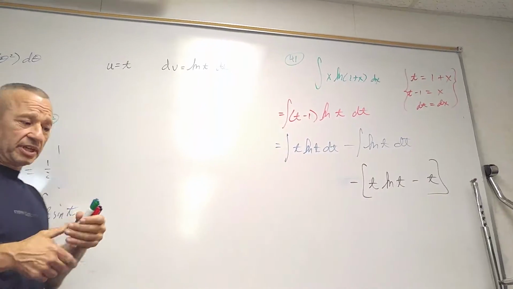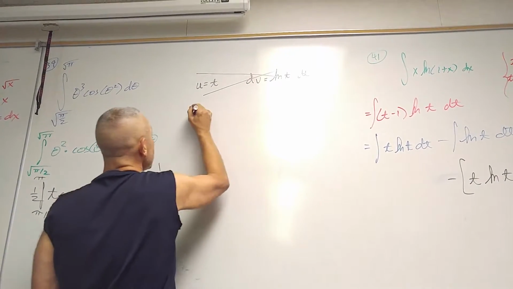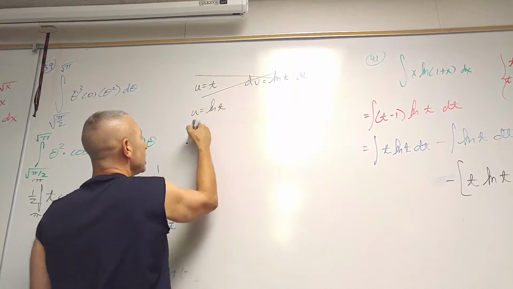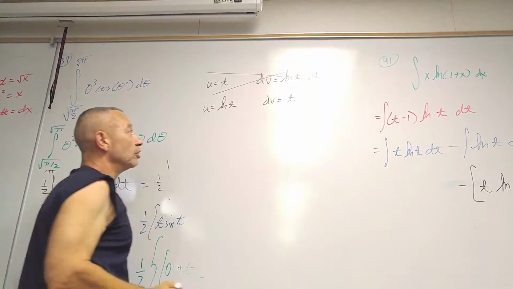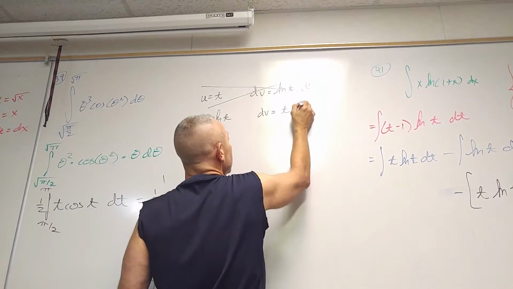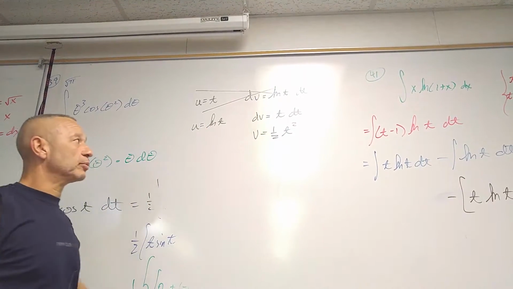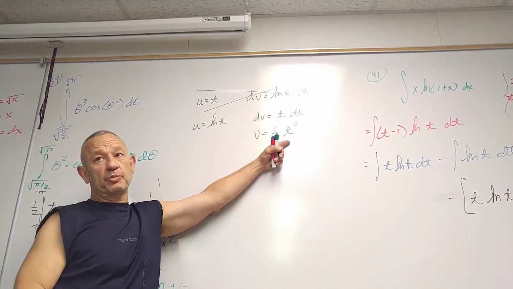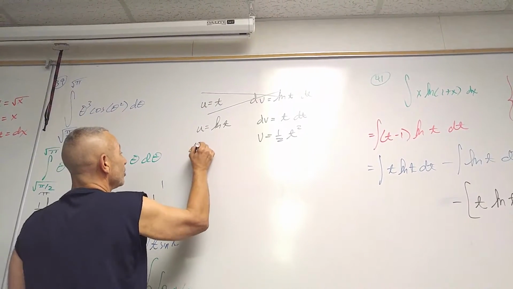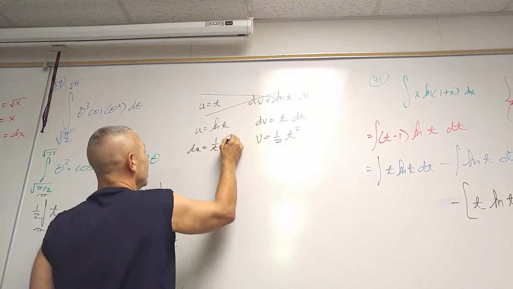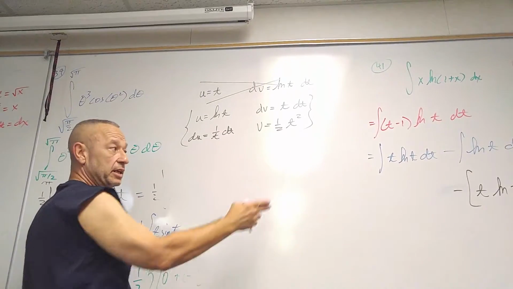Before I just jump in and do it, it's pretty easy to investigate what would happen if you changed it. Notice letting u equal ln t is really a very good technique, isn't it? Here, when I integrate, this did become a little bit worse than what I started with. I started with the t to the 1 power, I end up with a t squared. But notice how much more simple this becomes. I get rid of ln entirely if I do that. So all of a sudden, there's no more ln in this expression.